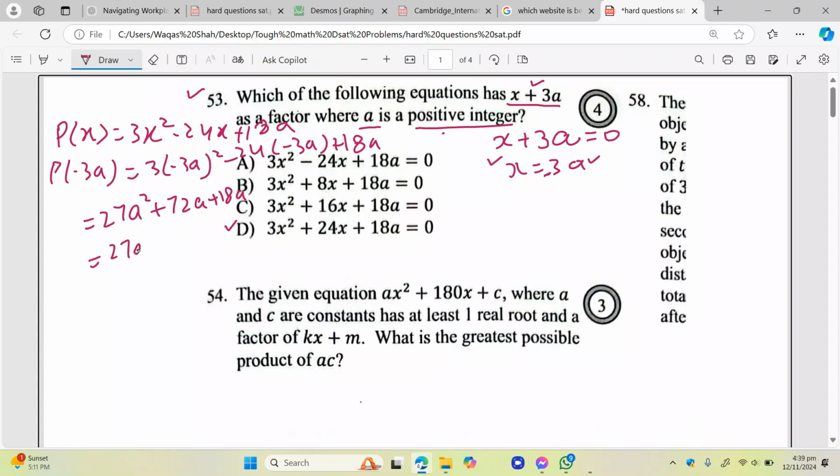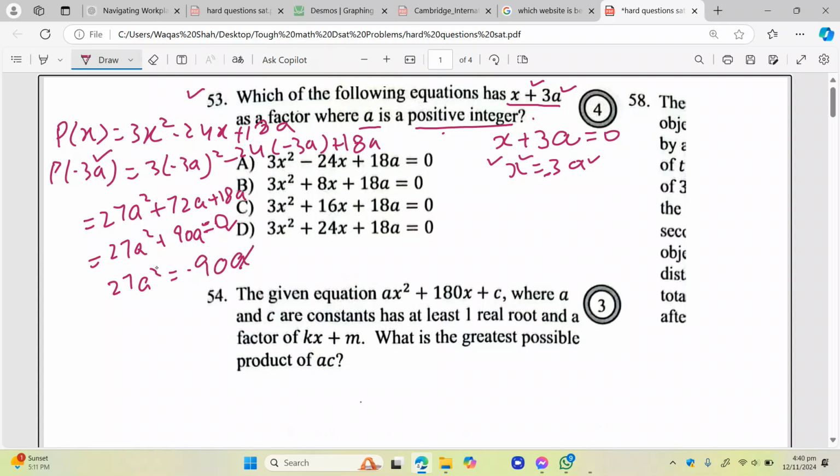So 27a square plus 90a will be equal to 0, because minus 3a is a zero of the polynomial, so it must give you 0. That's why we are using the factor theorem. Now if you solve this, 27a square is equal to minus 90a, right?